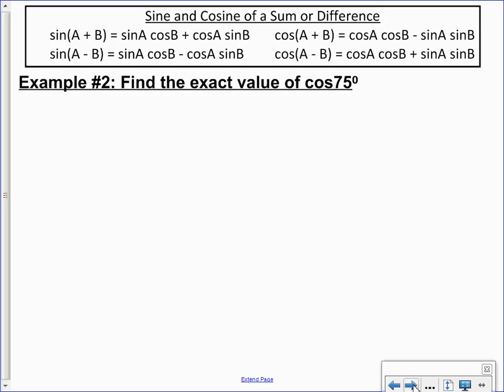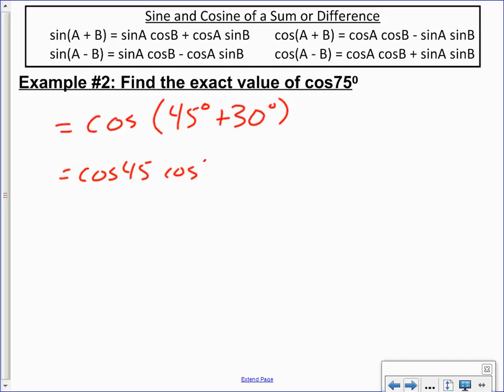I like 45 and 30. They are very friendly angles. 45 plus 30 is how you get to 75. It's still cosine, so cosine, cosine. So I've got cosine 45, cosine 30.